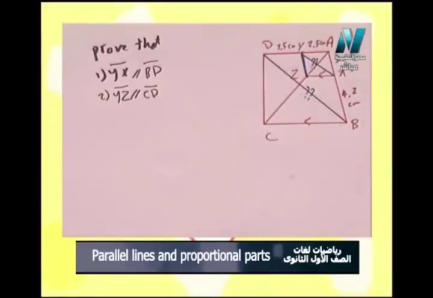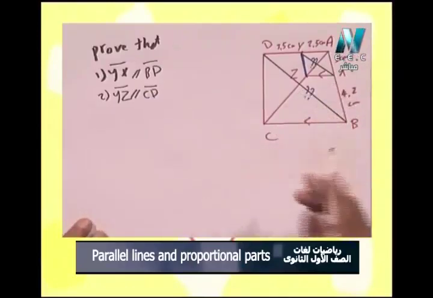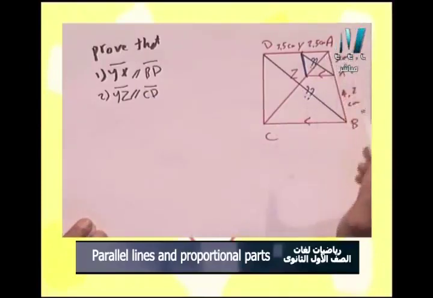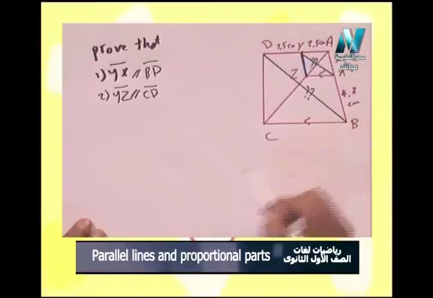Let's first use our parallel, which is XZ here, parallel to BC. We have AX equals 3 centimeter and XB equals 4.2 centimeter.